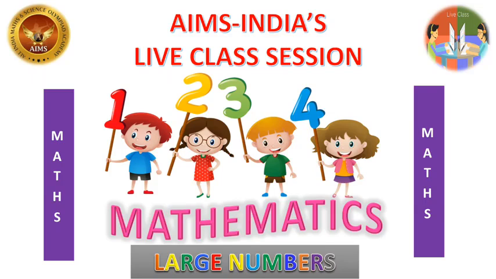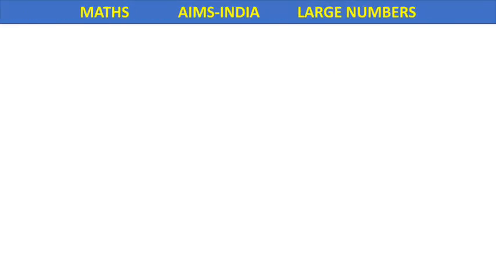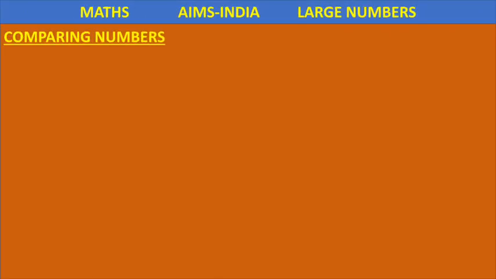I hope you all remember these place values and periods, because today we are going to learn how to compare numbers. What does comparing mean? Comparing means we look at both the numbers given to us, two or more numbers, and then we find out which is the greatest number or which is the smallest number.